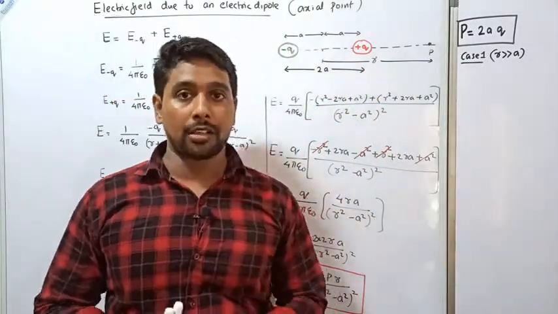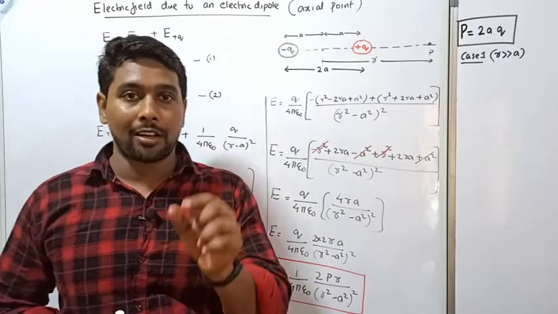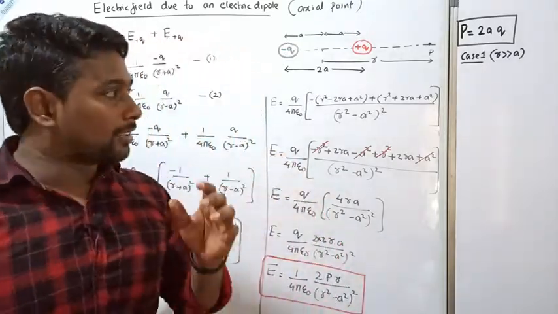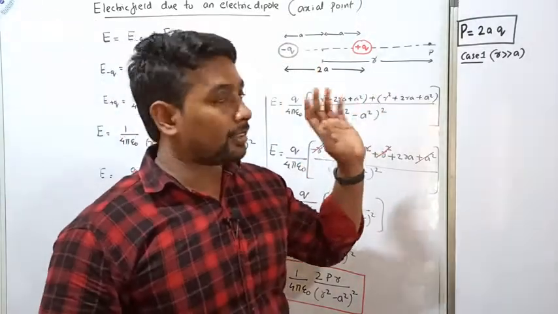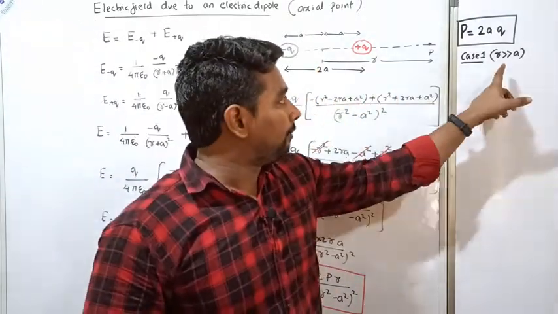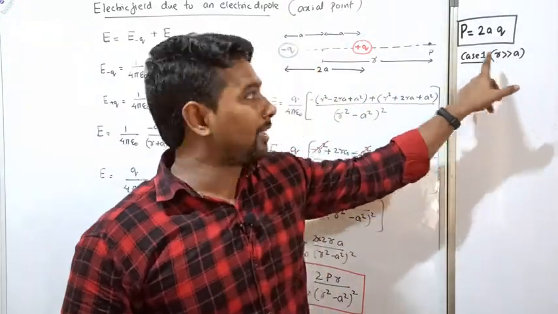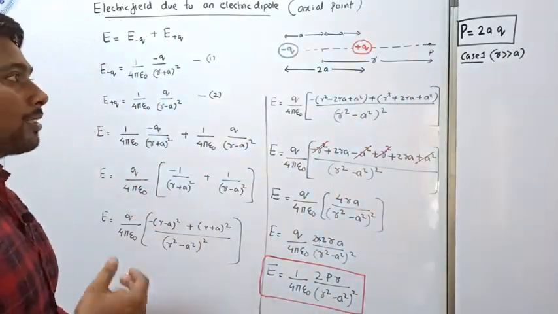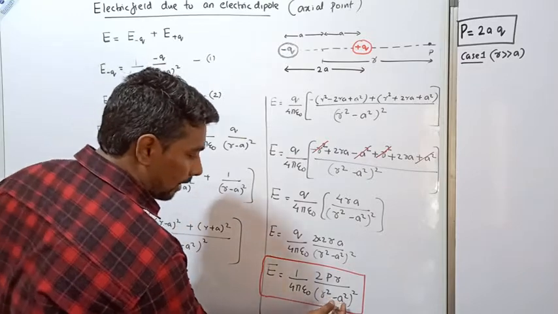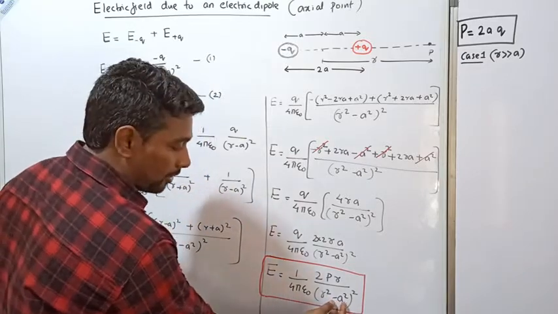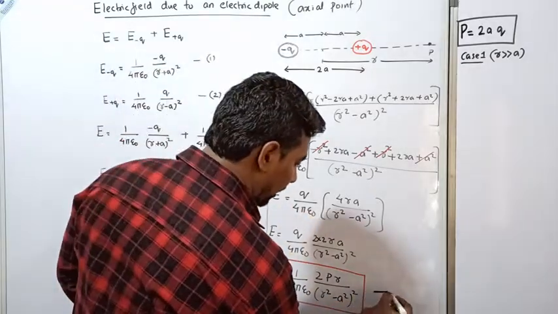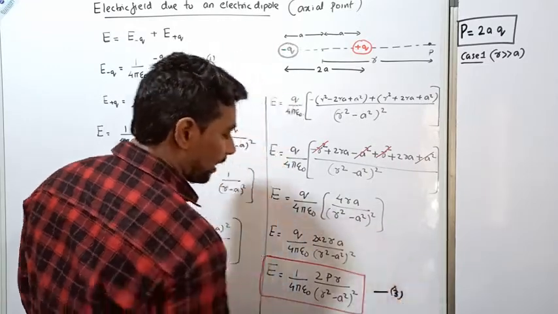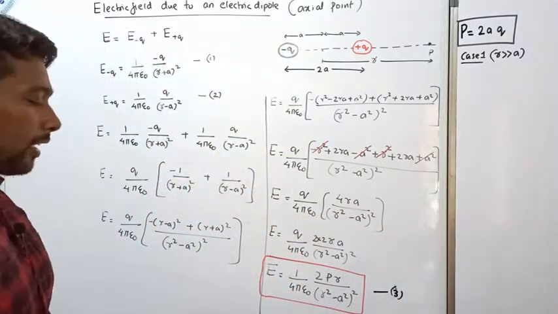If you are considering 1 lakh kilometer and 1 nanometer, you can neglect that 1 nanometer, right? Similarly, if r is very much greater than a, that is our case 1, we can neglect the a. In this equation, you can neglect this a. That means what happens?